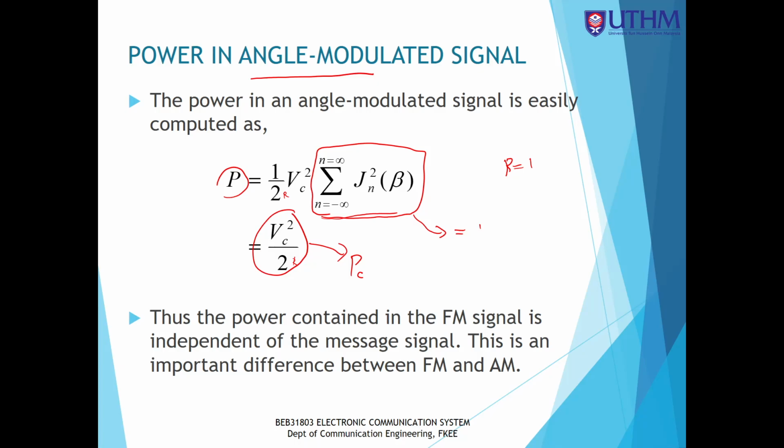So theoretically, the total power for an angle modulated signal is equal to the carrier power.